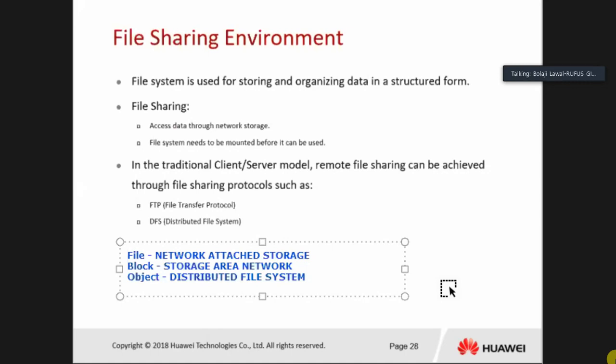When files are shared, if more than one user accesses the same file at the same time, a method of protection is needed to maintain the integrity of the data. The common method used in the traditional client server model is implemented by a file sharing protocol and uses a distributed file system, DFS.